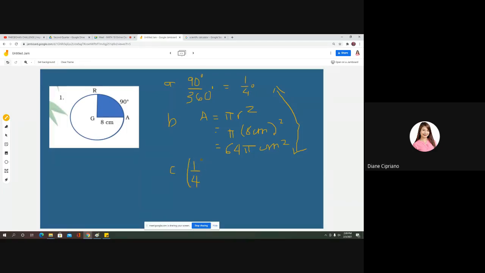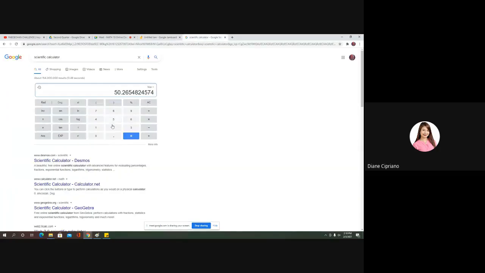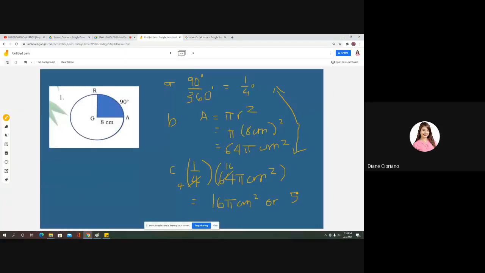And you will get, cancel this 4. It is 16 because 64 divided by 4 is 16. So your final answer would be 16 pi cm squared, or the answer of Mala is 50.27 cm squared. So that's it.